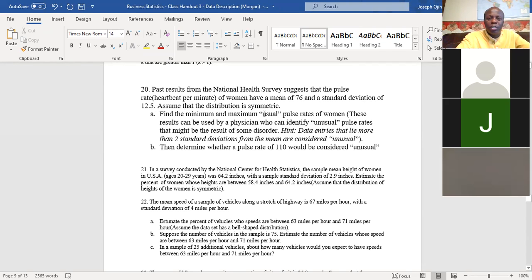Assume that the distribution is symmetric. So how do you know to use the empirical rule? The question must mention assume that it's symmetric or assume that it's bell-shaped. So find the minimum and maximum usual rates.